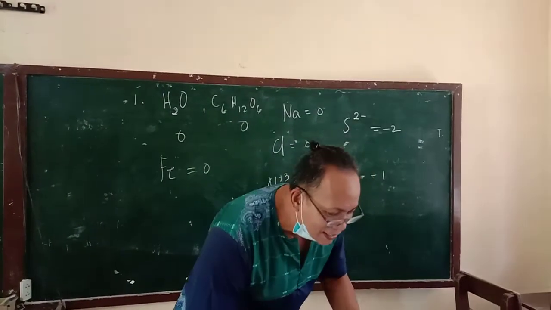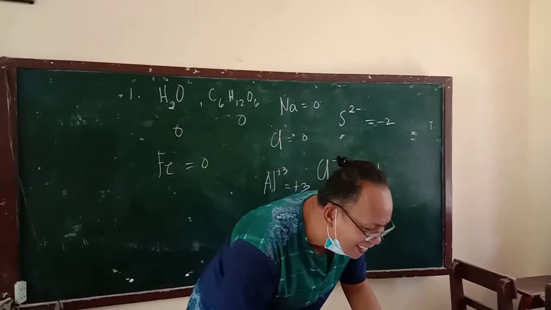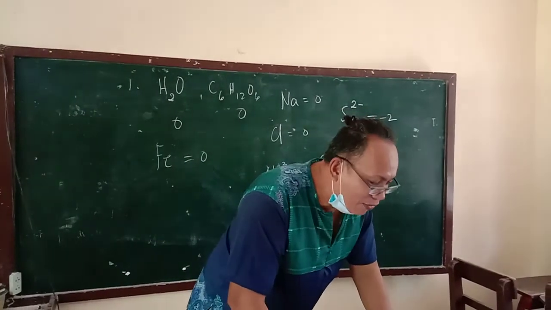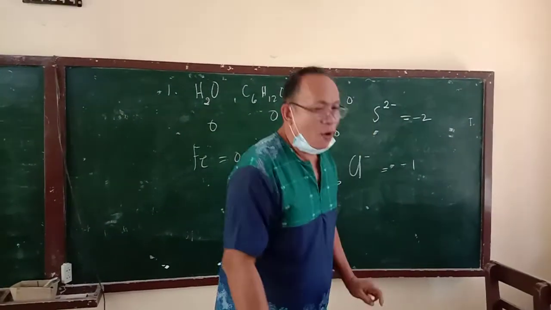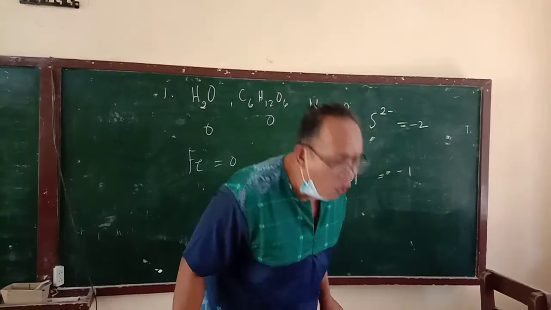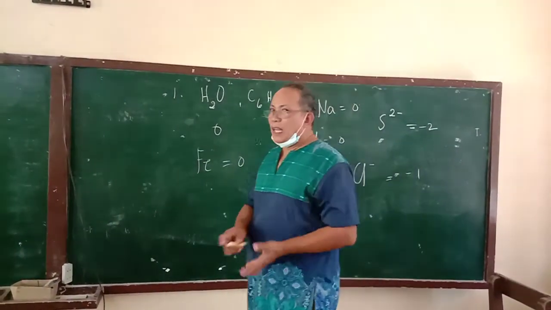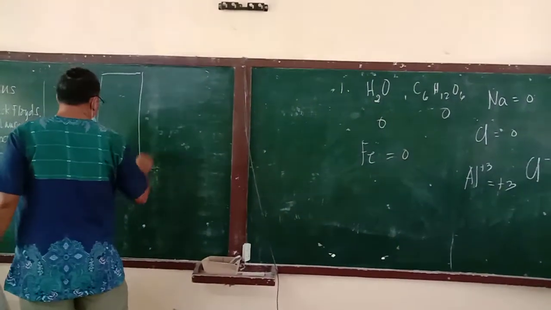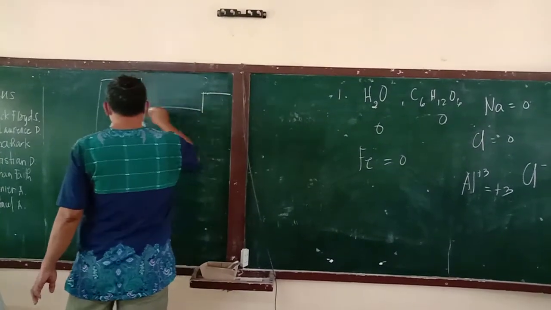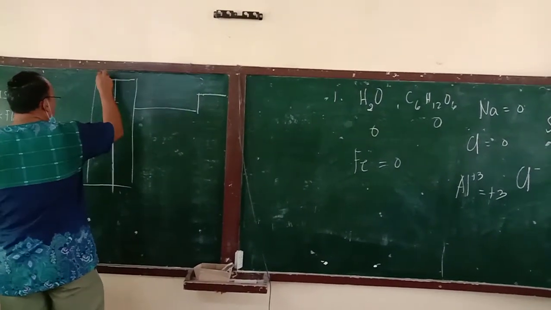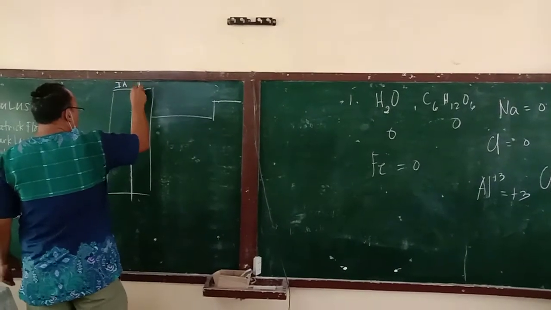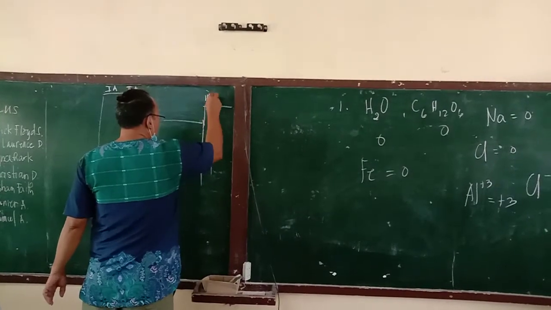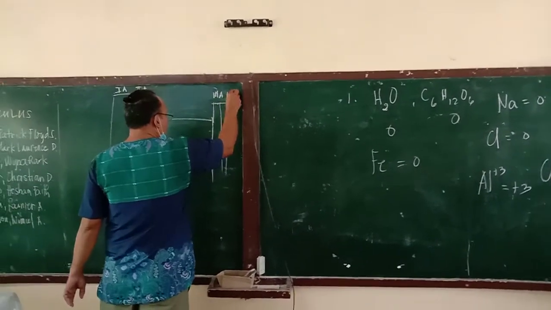Okay. Next. Is there any question? No, sir. Next is the oxidation number of all elements in group 1A metal is always equal to 1. In the periodic table, they are grouped as group 1A, 2A, 3A, 4A, and so on.